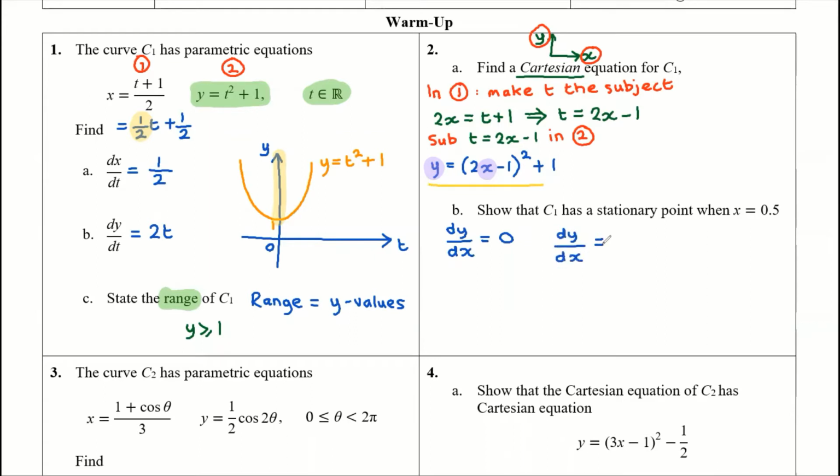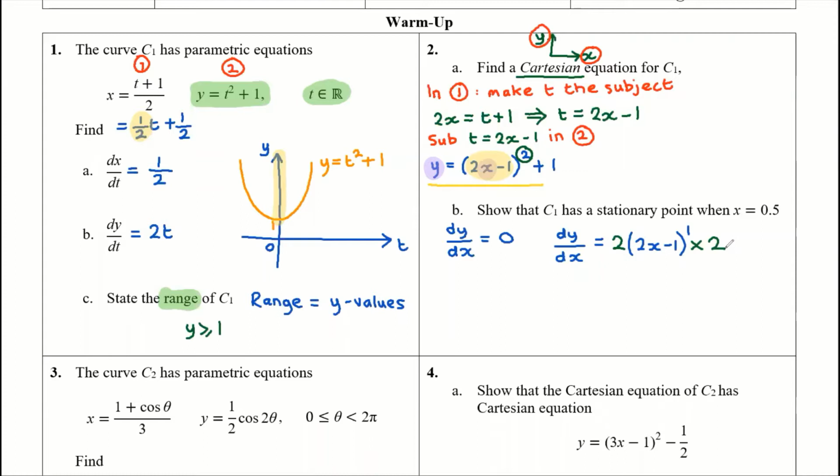For the chain rule, I bring the power down to the front, and subtract 1 from the power of the brackets. That's going to be (2x subtract 1) to the power 1. And then I multiply that by the derivative of everything that is inside the bracket here, that would be the u substitution. So I have to multiply all that by 2, and the plus 1 obviously will go.